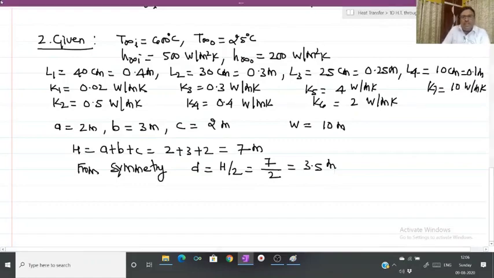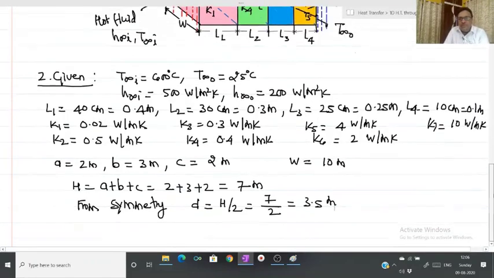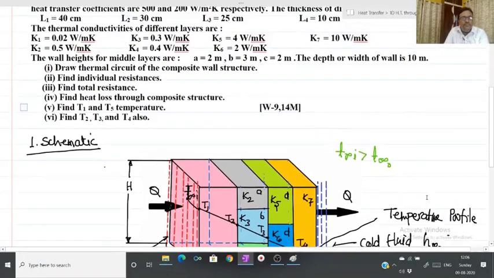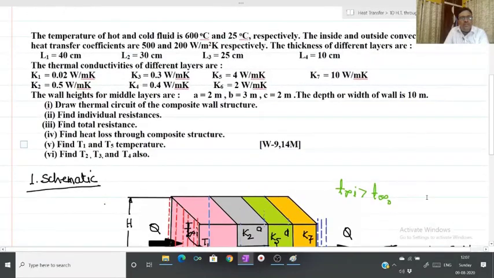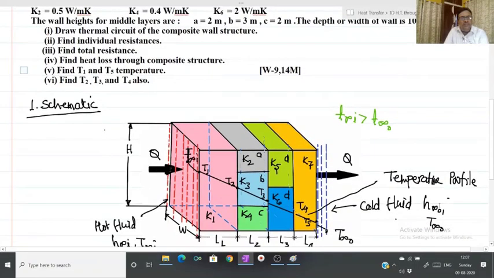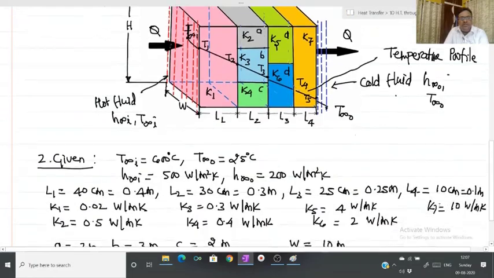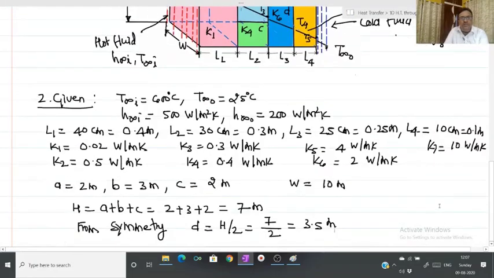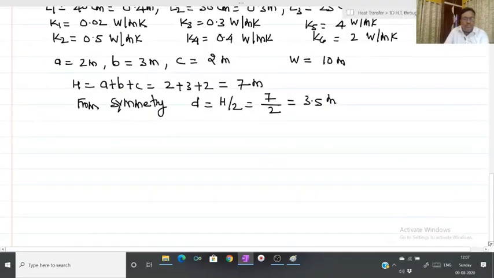So all the values I could sum up from the problem statement. Let me check if I missed anything. We could sum up all the convective heat transfer coefficients, thickness, thermal conductivities, height, and width. Okay, so all of these I could enlist as given. Then the third step is assumptions.